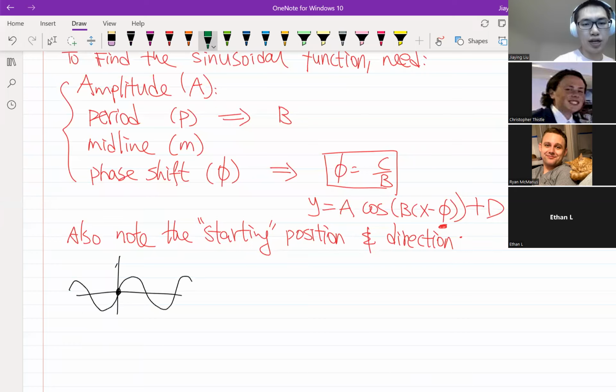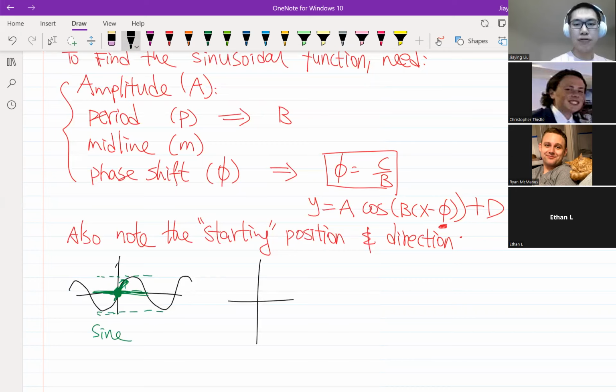Now, I just want to point out that if we were to draw the midline using the green line, and the maximum and the minimum lines using the dotted green line, this point at the origin is a starting position. It starts on the midline, and then it's going to go up as it goes right. So that's sort of like the signature for the sine wave. If you pick a point that starts on the midline and goes up as it moves to the right, that will be the sine.